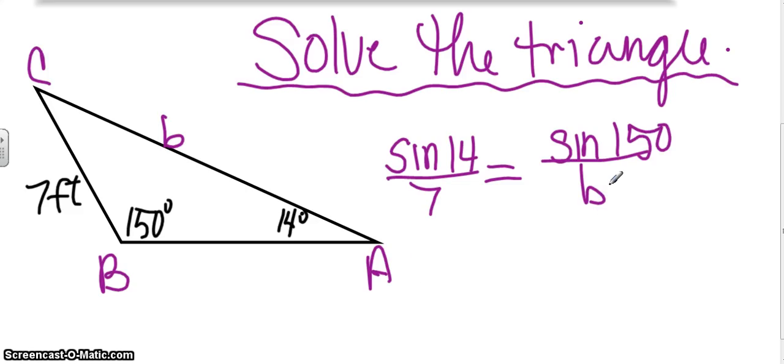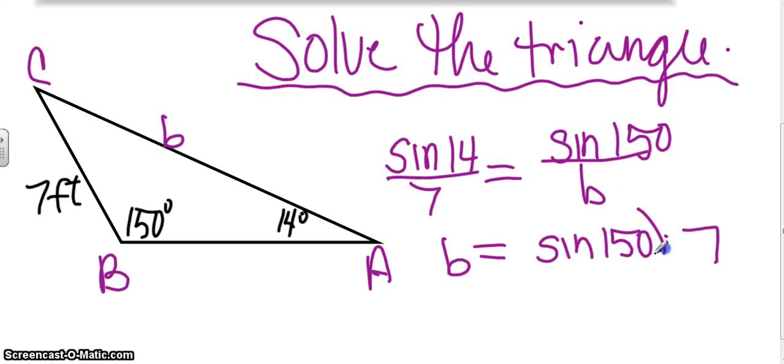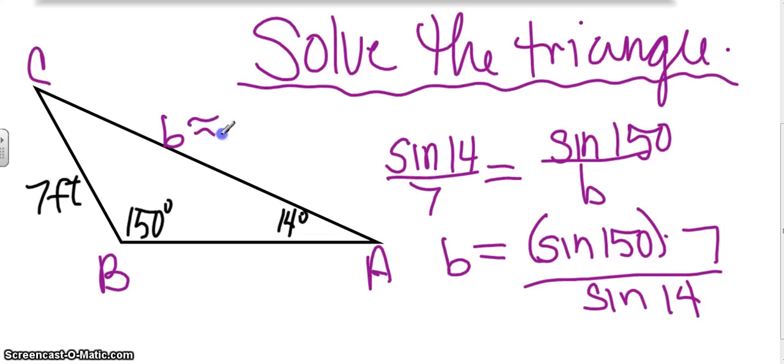So when I solve for B, I would do product of the means equals product of the extremes. So B is equal to sine 150 times 7 divided by sine 14. And just put this in your calculator, and what you're going to find is that B is approximately 14.5.